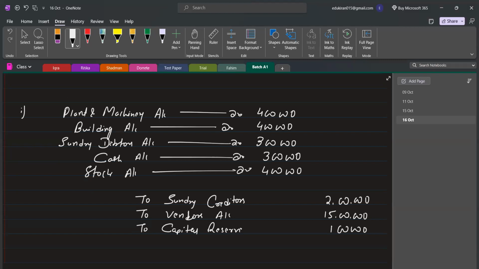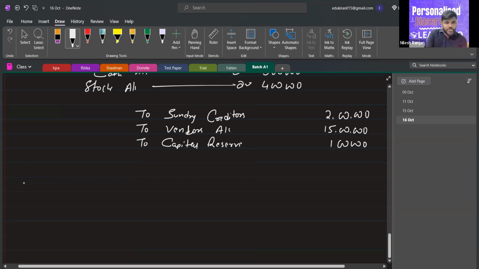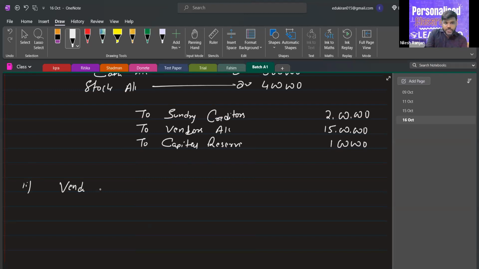Now we have to pay the vendor amount. So vendor account debit, to bank account, as we have paid by check, and to share capital.